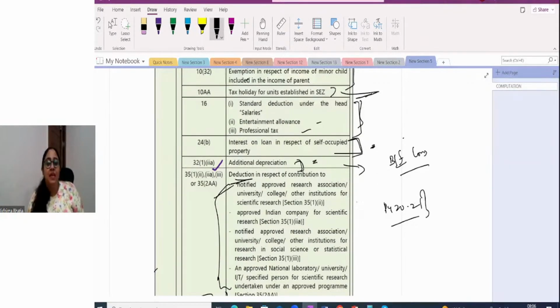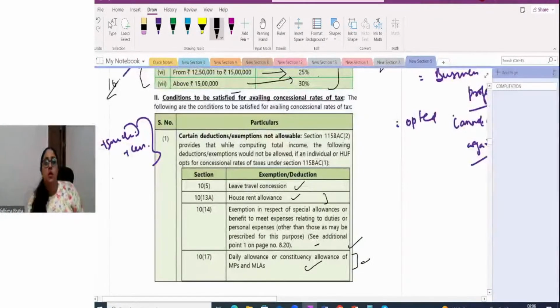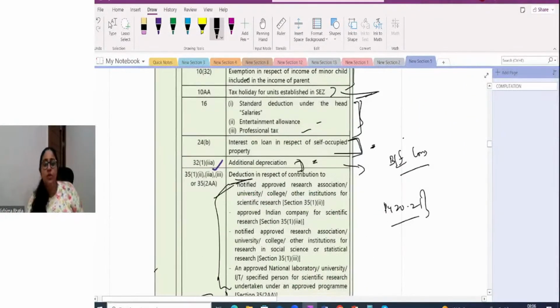So when this scheme came in, they disallowed certain exemptions and deductions, or they have asked us to forego these exemptions and deductions. Now, the moment we are asked to forego them, that means in that particular year we cannot claim these exemptions and deductions when we are claiming 115BAC, agreed?